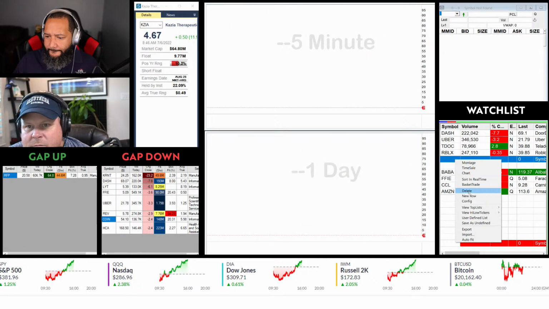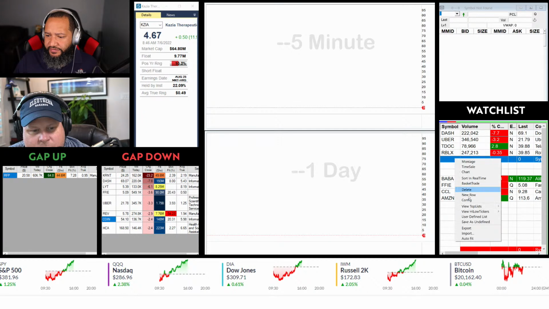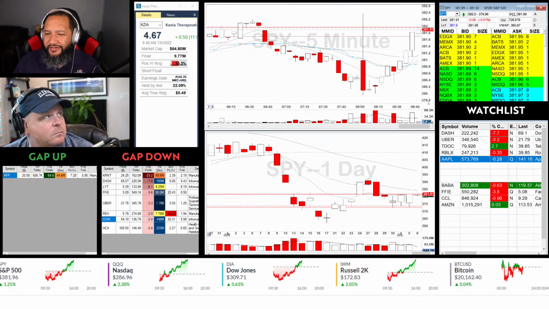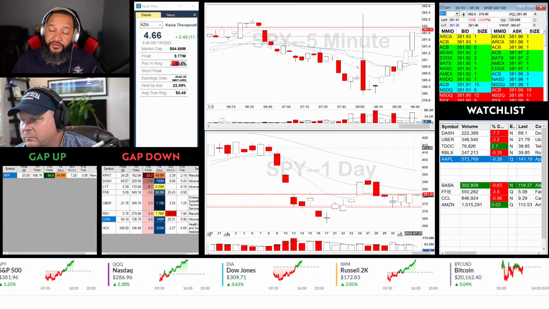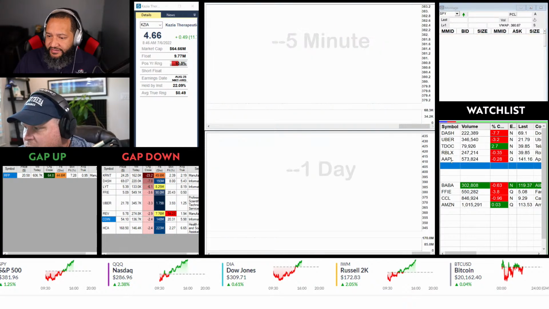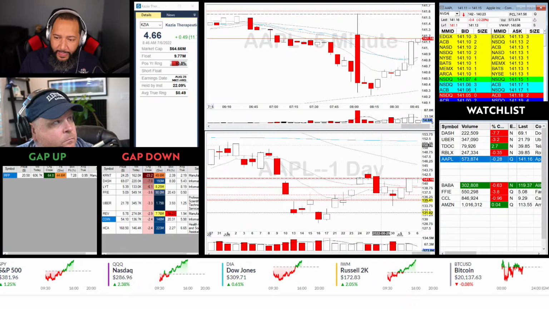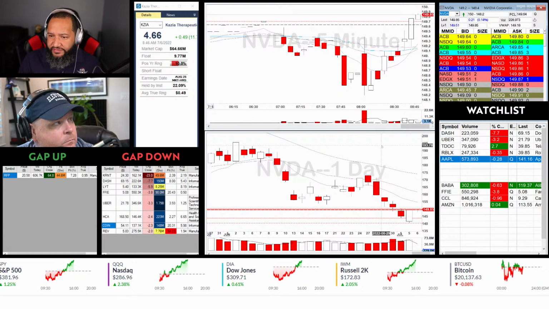So let's add Apple, one of our buddies here. Apple seems to be doing its own thing, right? Because the SPY, no, it's kind of moving with the SPY, but it's one of the better stocks that's kind of following suit. And look how clean it is, right? So yeah, they're definitely in play. NVIDIA could be another one to watch as well, guys. You can see it here.